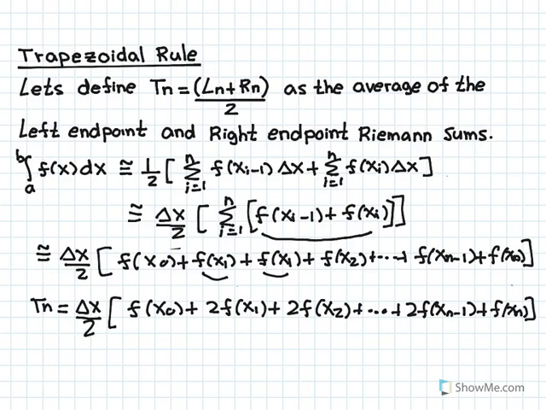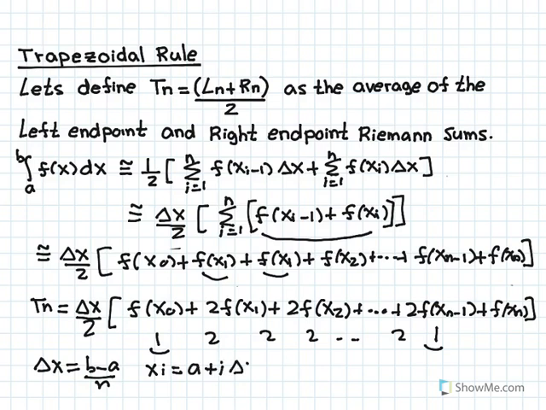Notice the pattern 1, 2, 2, 2, all the way to 1. So the first and last are just ones, and all the middle terms have 2's in front of them. Delta x is equal to b minus a over n. x i is a plus i delta x, and i ranges from 0 all the way to n.